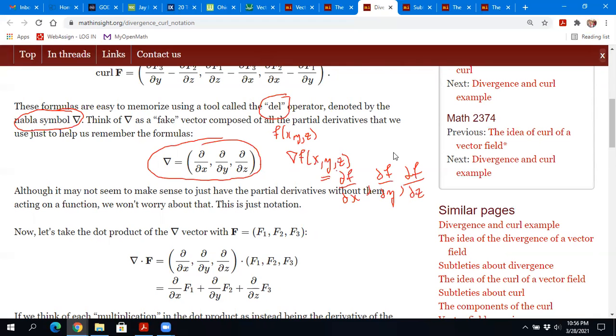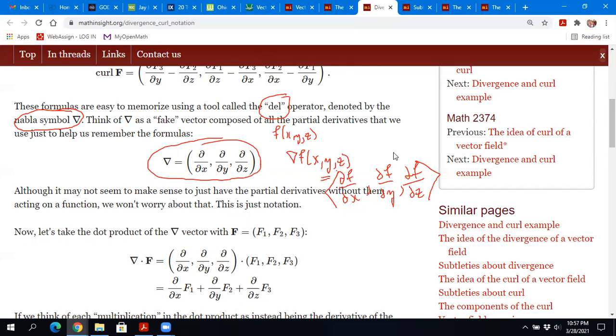I'll use angle brackets. It's like I distributed f as a scalar into this thing. And lo and behold, that's exactly the formula for the gradient of f, yeah? So it even helps you remember that, in case you were having trouble remembering it.